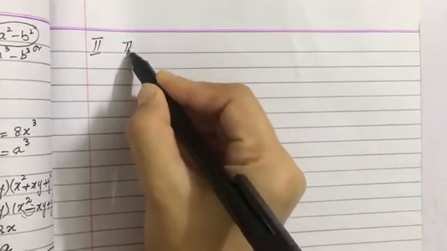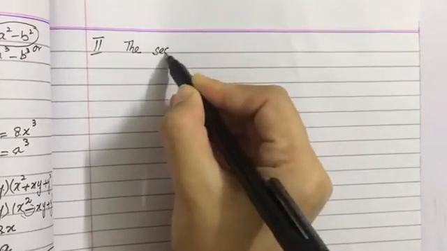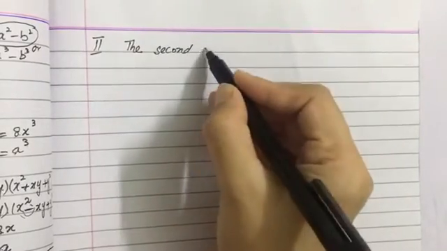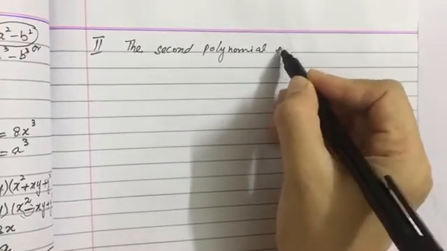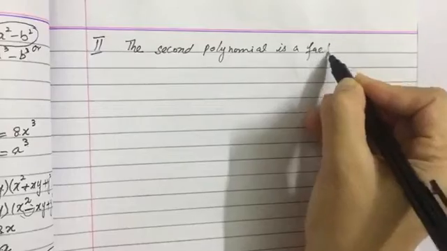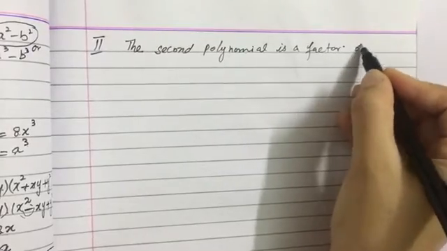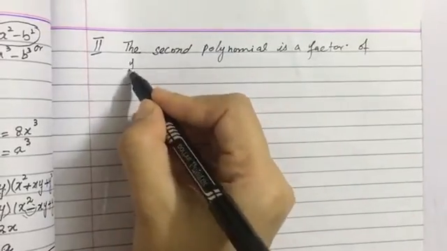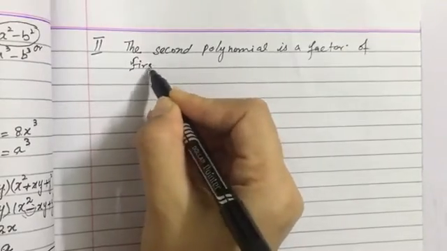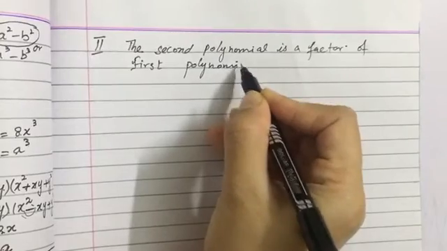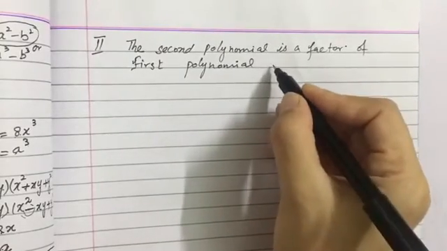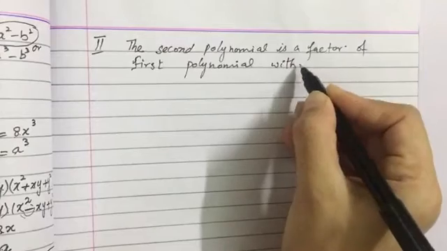What is the requirement? The requirement is whether the second polynomial is a factor of the first polynomial. Then they said without dividing.